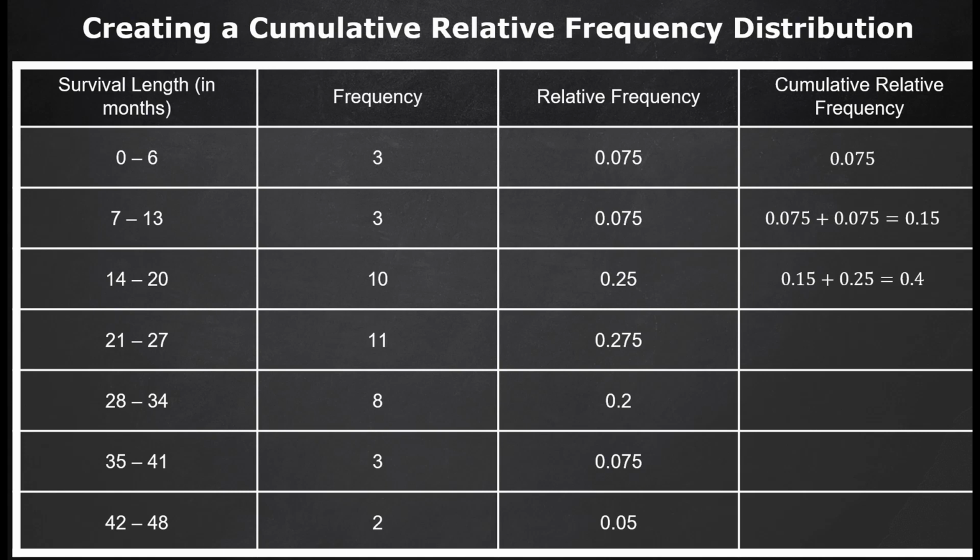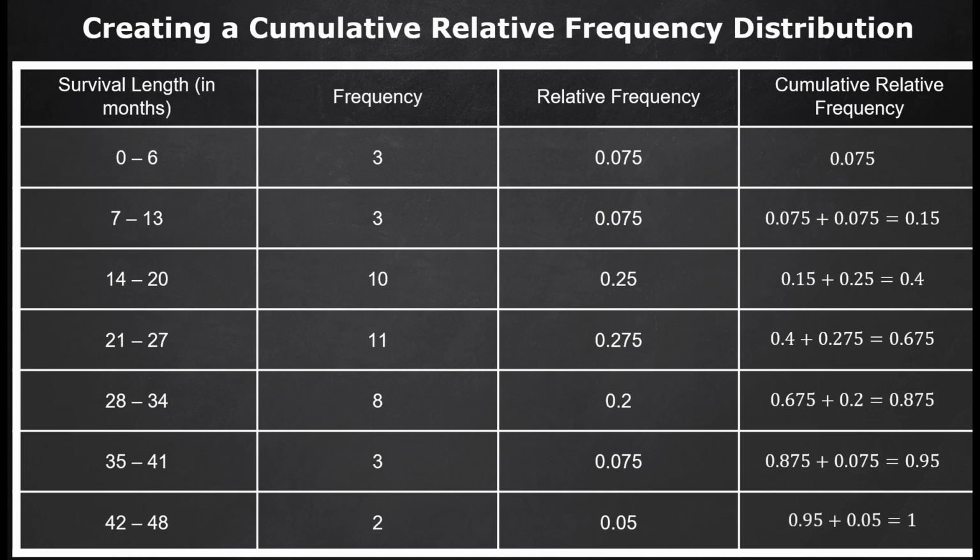And that gives us a 0.4. And then we bring that 0.4 down and add it to the next relative frequency, which gives us a 0.675. And we're going to repeat that same pattern over and over until we get to our very last relative frequency.